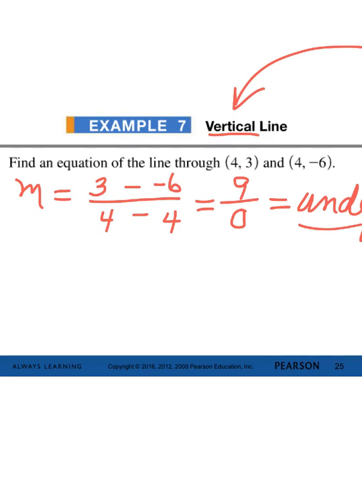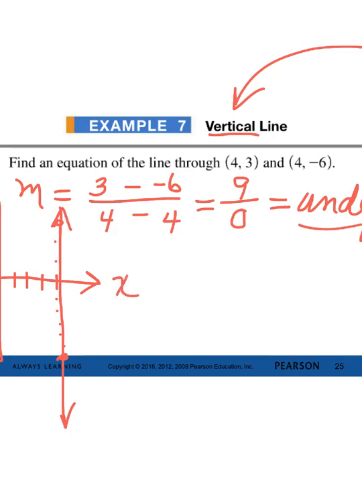because it's a vertical line, that what happens when we plot 4, 3, and 4, -6, and we connect those 2 points, that is indeed a vertical line, and they all have the x value of 4.